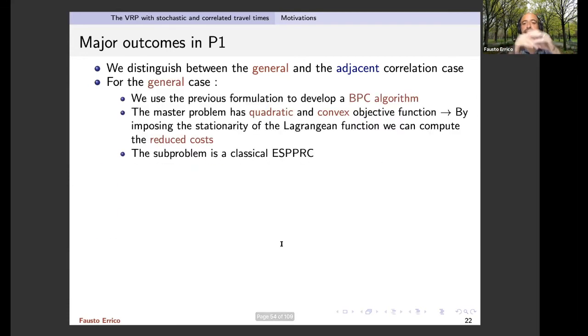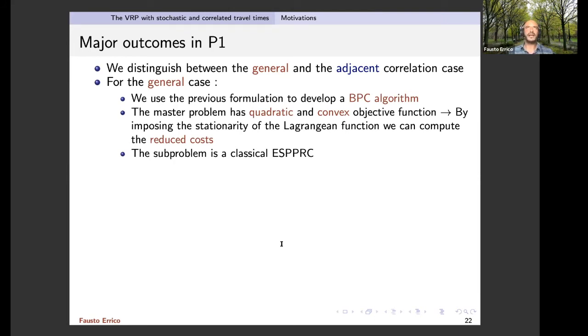For the general case, we use the formulation that we have with column generation, and a master problem with a quadratic convex objective function.